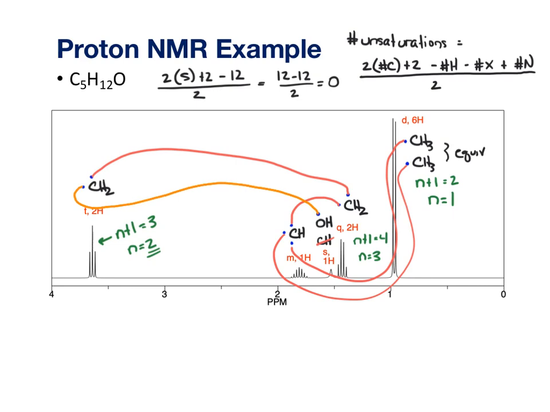We didn't even really use the chemical shifts here, but the reason that this signal is clear down at about 3.6 is because it's connected to the electronegative oxygen. So let's clean up our structure. We have OH connected to the CH2.